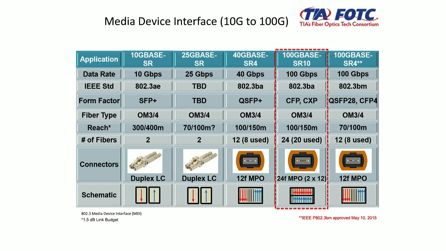And as I mentioned, the 100GBASE-SR4 is out there, and it is a 4 transmit, 4 receive, just like the 40 gig SR4, 4 transmit, 4 receive. And the data center reaches across all of these, you're talking about 300, 400 over OM3 and OM4 fiber, down to where we are today with a 25 gig line rate, 70 and 100 meters over OM3 and OM4 fiber.